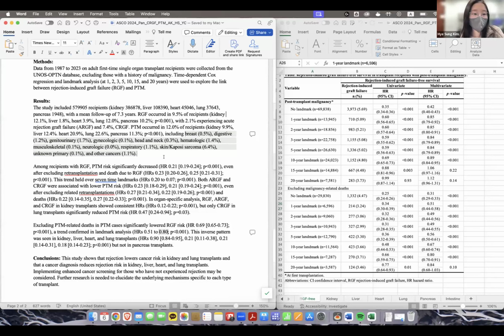I was thinking it depends on how long the recipient number is, whether you can put a comma after every digit, like 579,905 in the results, because the numbers look really long. I initially put that.